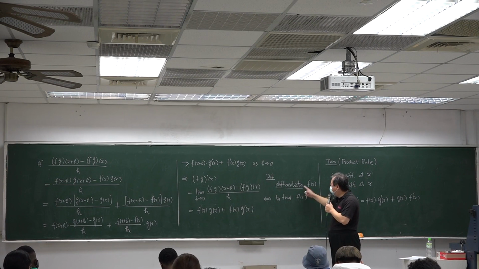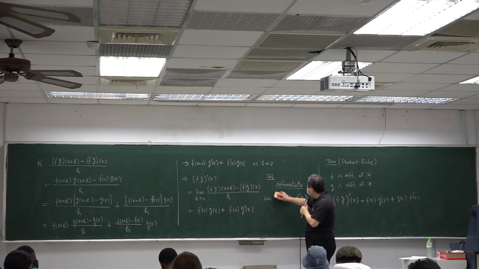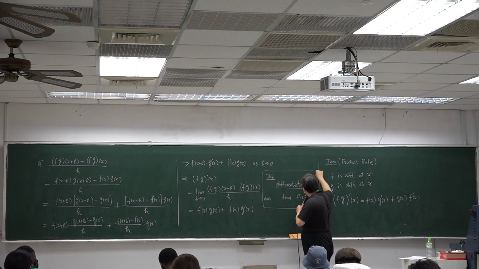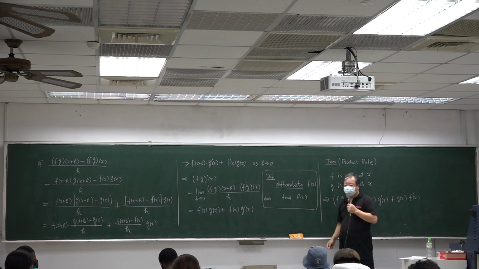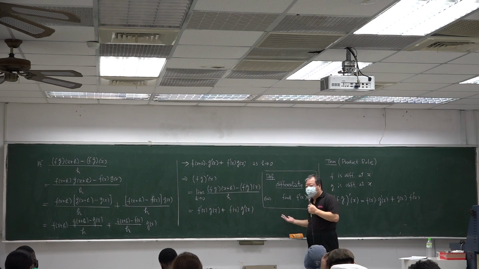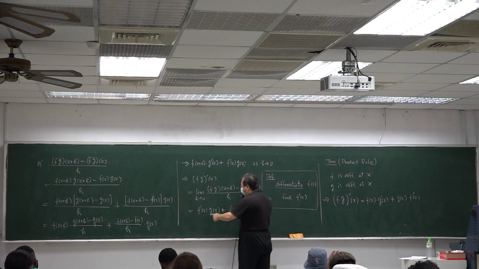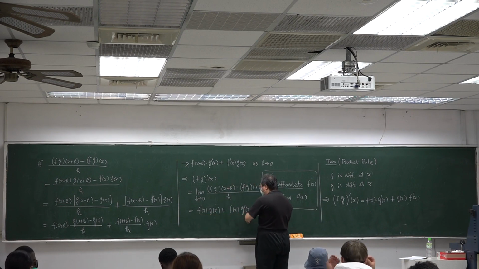Differentiate, the verb, is to find f prime x. To differentiate some function means to find its derivative. So here, this is the derivative of f times g, plus f times the derivative of g.